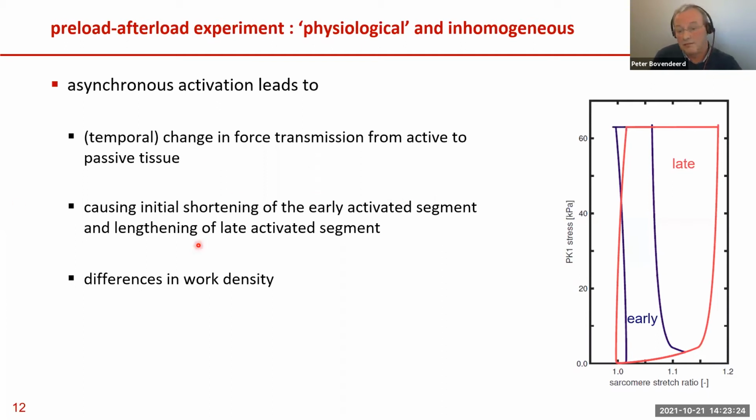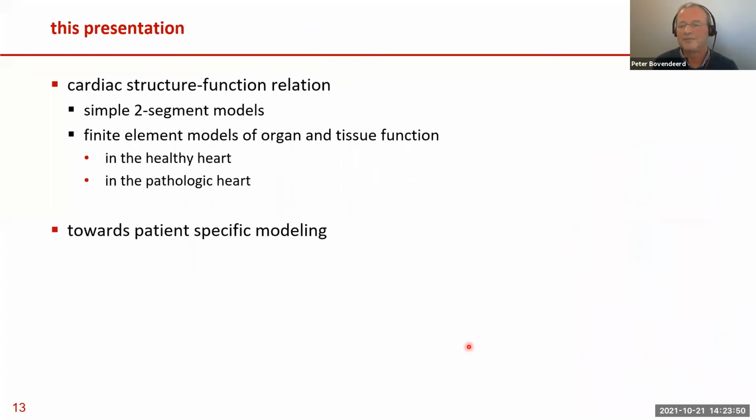So this leads then to this initial shortening of the early activated segment and lengthening of the late activated segment, and a vast difference in work density. So understanding this is, I think, quite important to understand results of all kinds of simulations with finite element models, and I will try to convince you of this.